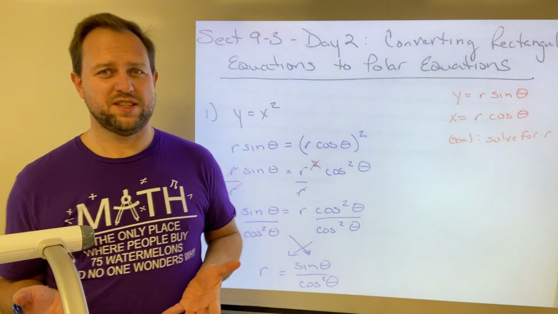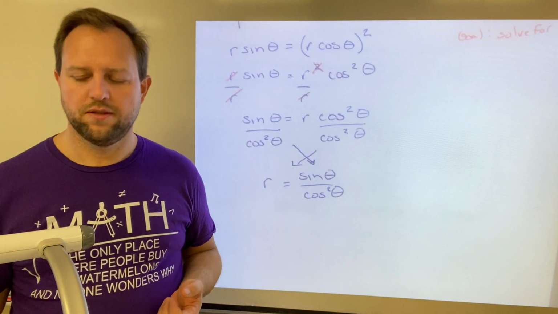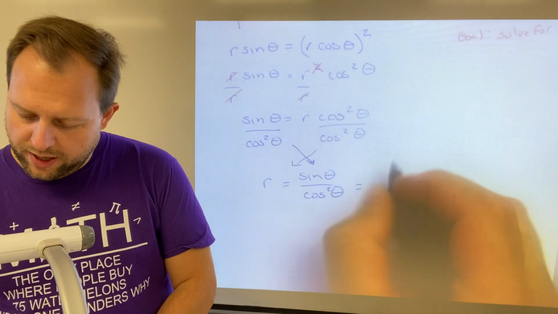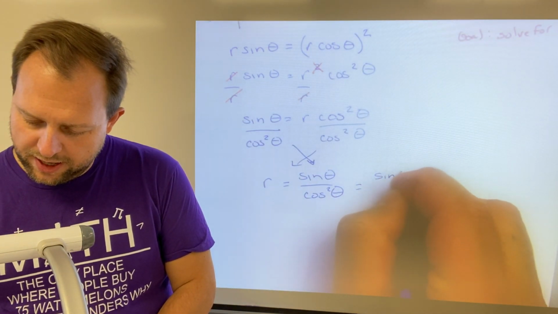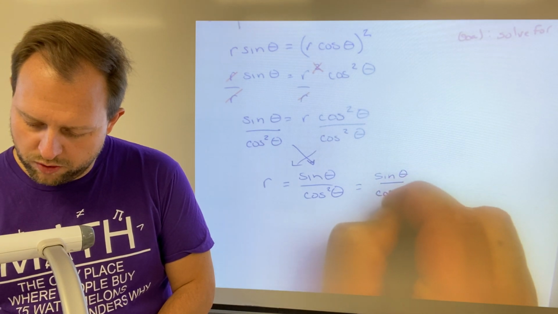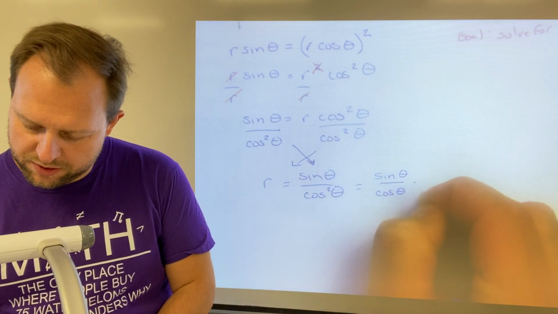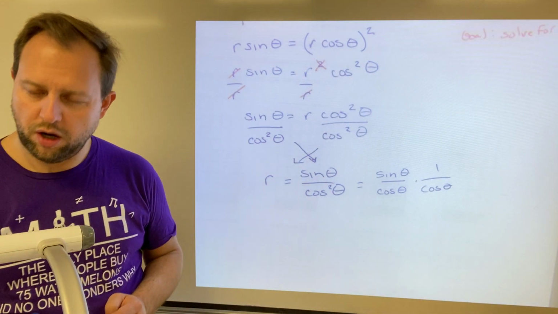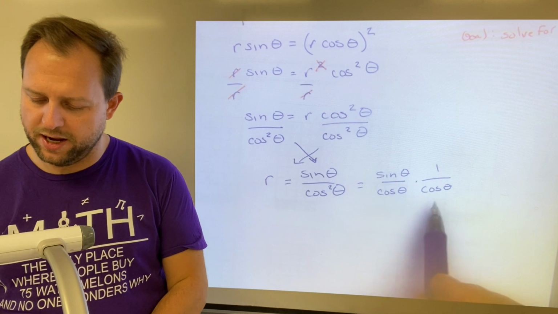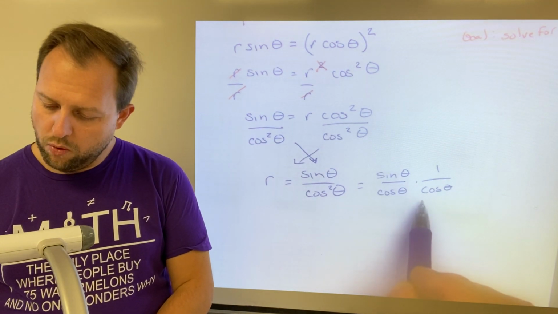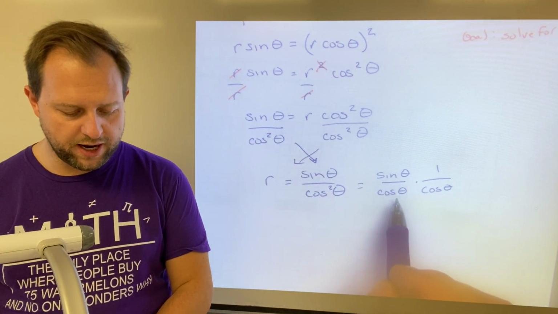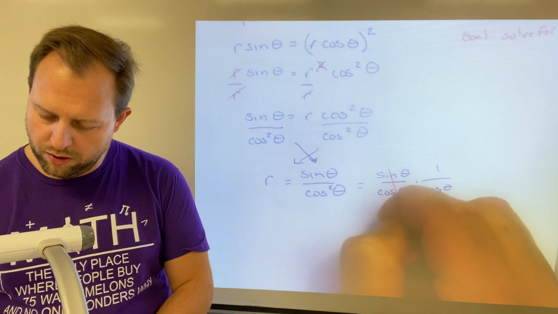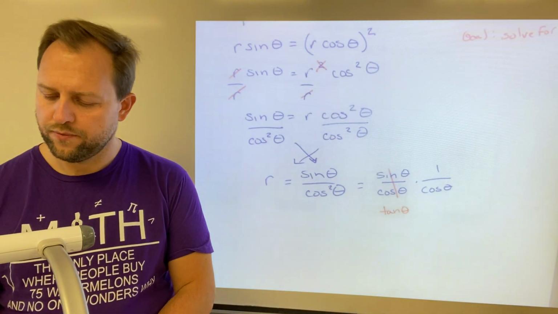Well, we need to reduce that a little bit. We don't normally leave trig functions like that. If we rewrite it as sine theta over cosine theta times 1 over cosine theta, so we break up the denominator, right? We have that sine over cosine, we know that is equal to tangent of theta.